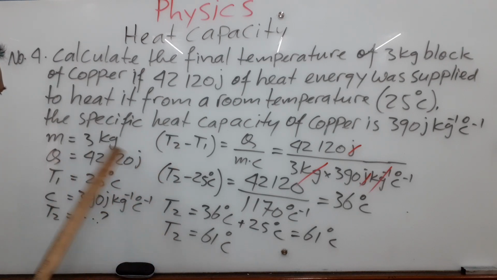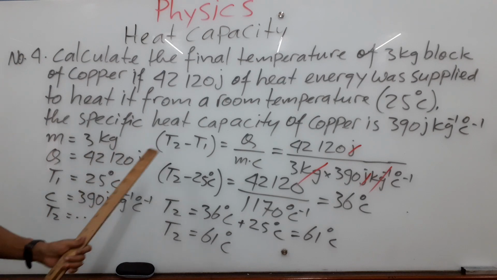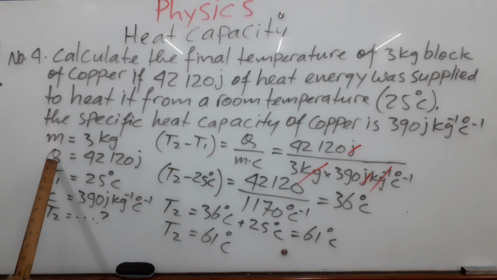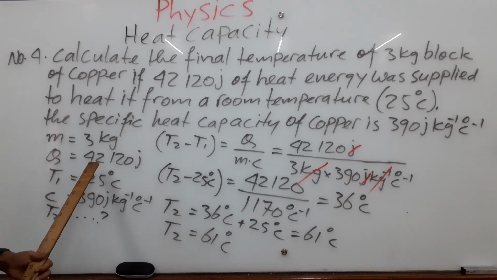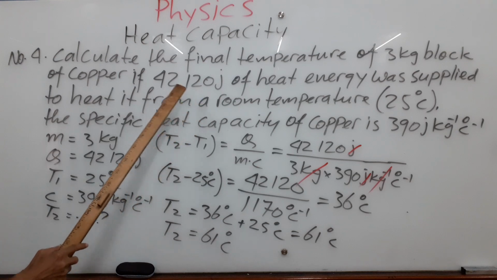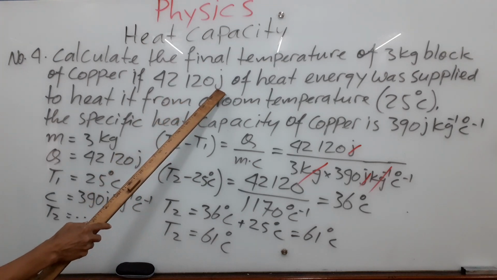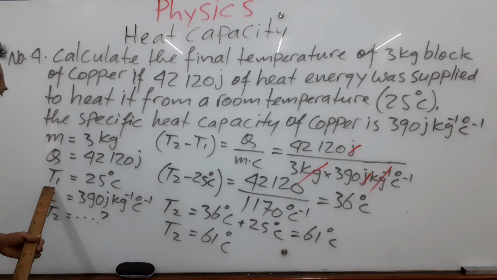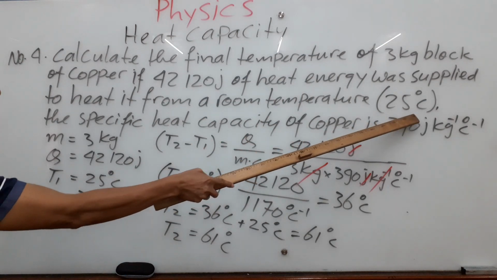So we have written down here, M is 3 kg, that's the mass, and then the energy required, 42,120 joule, this energy needed. Then our initial temperature is over there, 25 degrees Celsius.